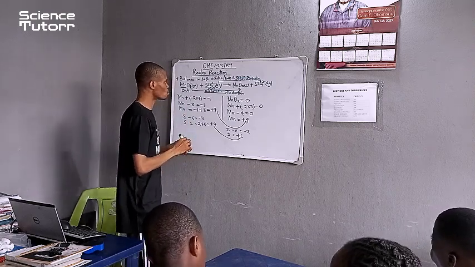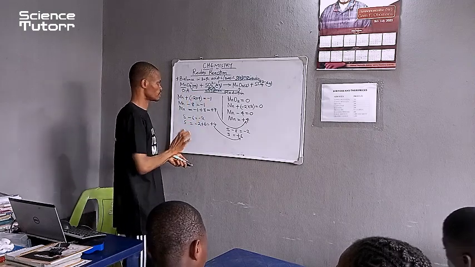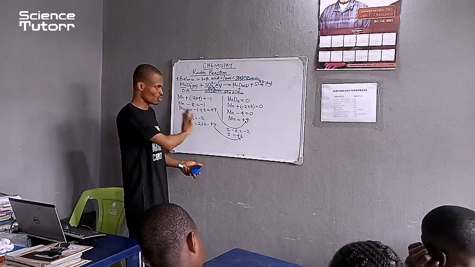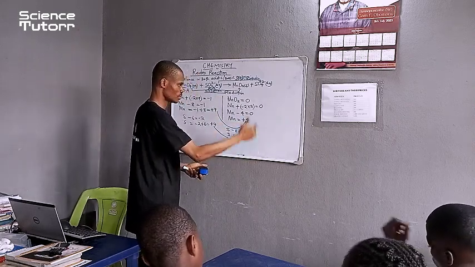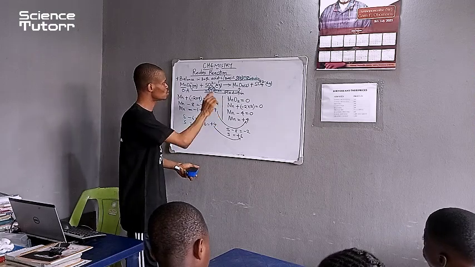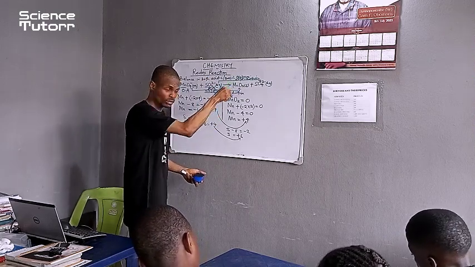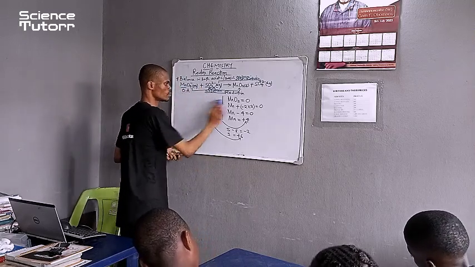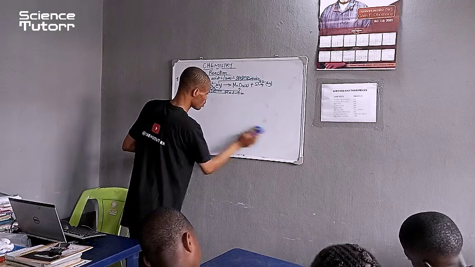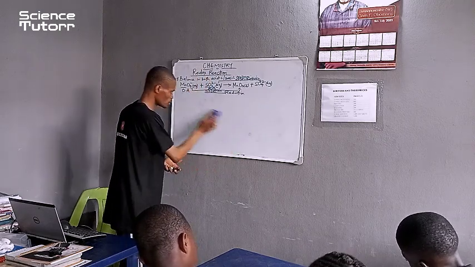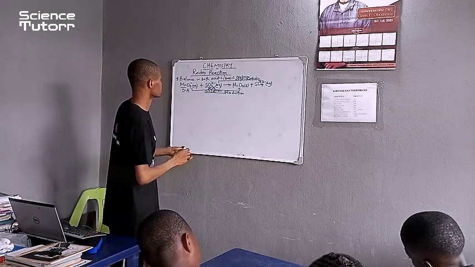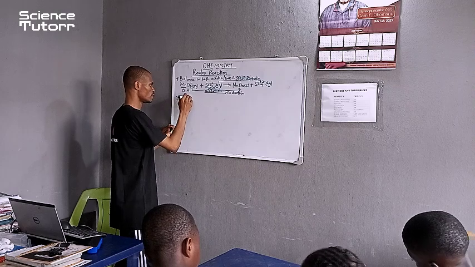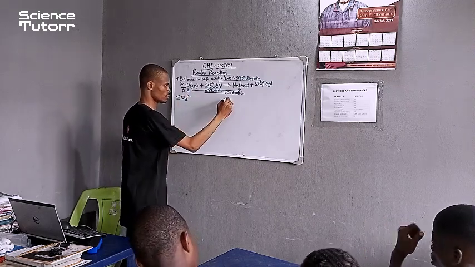Now, having known our oxidation and reduction, can I write this? Yes. Good. Remember, if you don't want to do this in your sheet, you can do it on a rough sheet. The essence of you doing this is to determine which one is oxidation and which one is reduction. So now, let us write our oxidation half and reduction half equation. Oxidation half: SO3 2 minus giving us what?